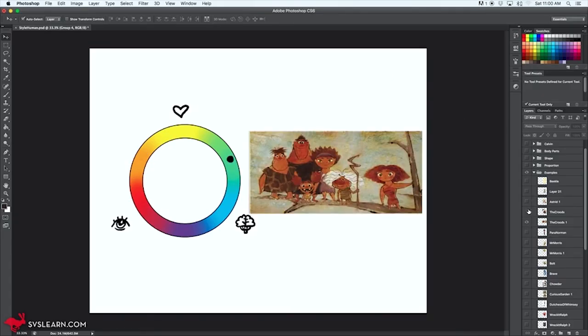I have this example from The Croods here because there's a section of the film where they're all in cave paintings. And what's really neat about that is you look at the design and the style of these characters, and it's very shape-based. They're applying certain shapes to all the characters, this sort of diamond curvy shape for the girl, which is something dynamic.